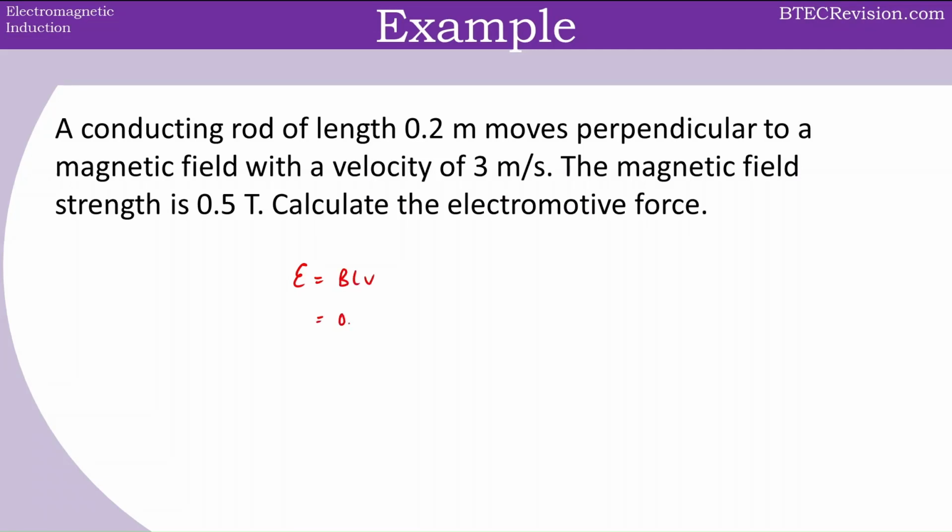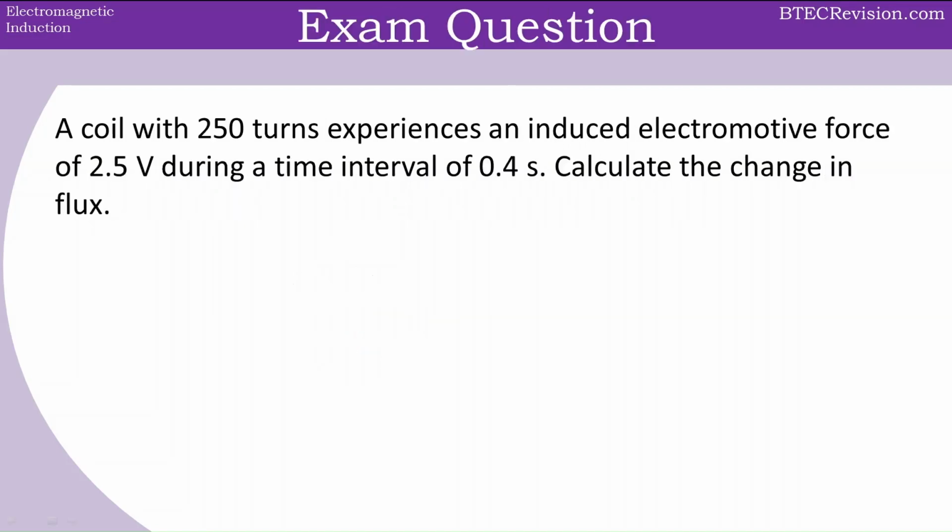We know B is 0.5, length is 0.2, velocity is 3, and working out these values gives us an answer of 0.3 volts. Now pause the video here and attempt this exam question.